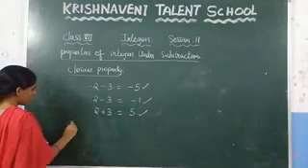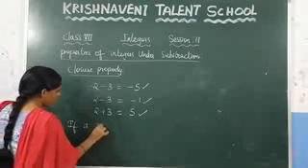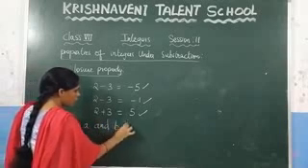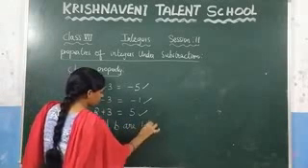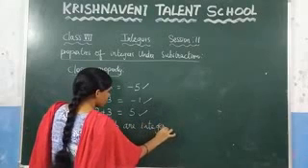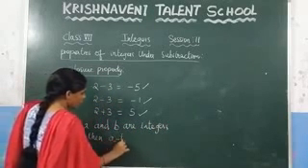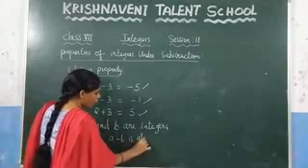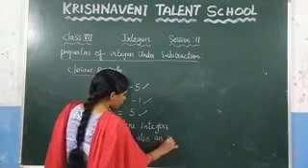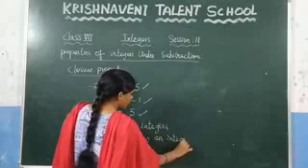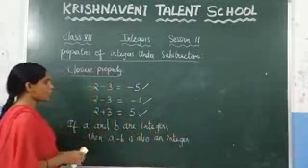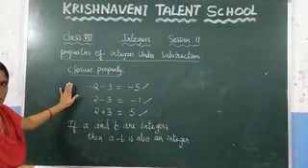So write it: if A and B are integers, then A minus B is also an integer. This is about the closure property, what it states here.